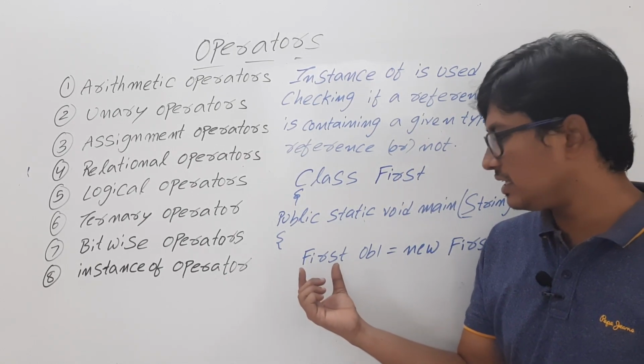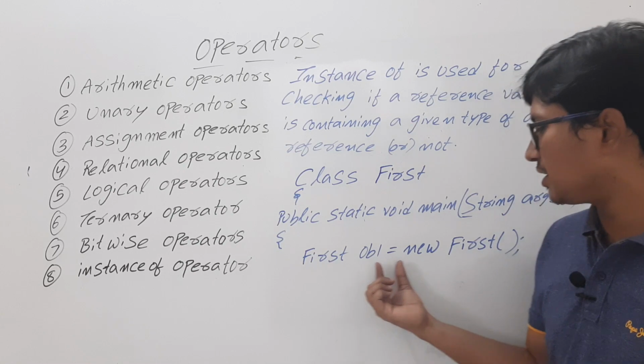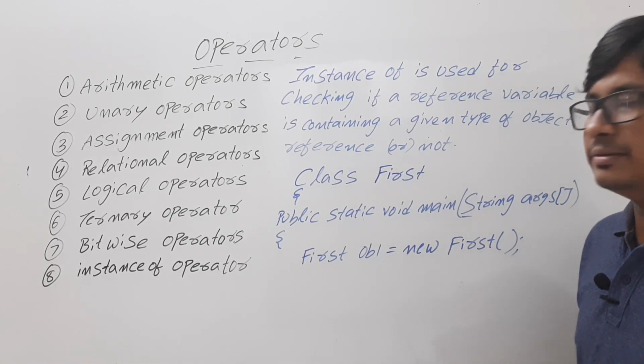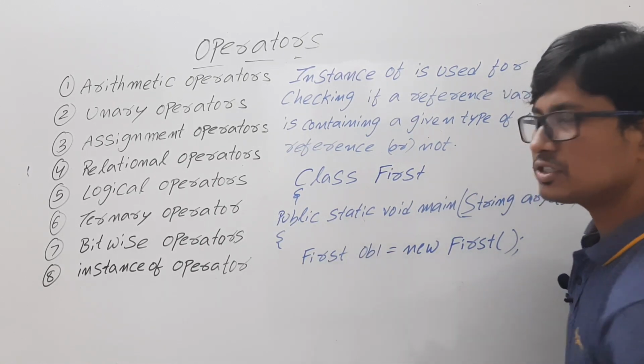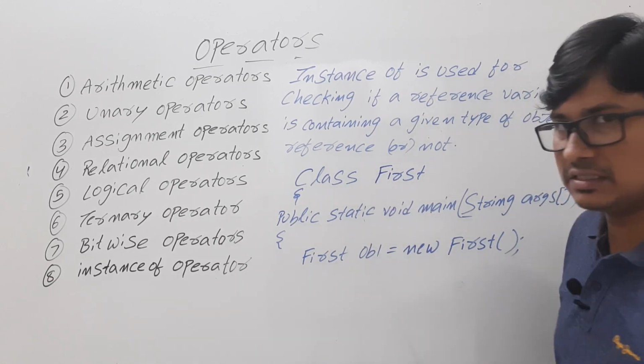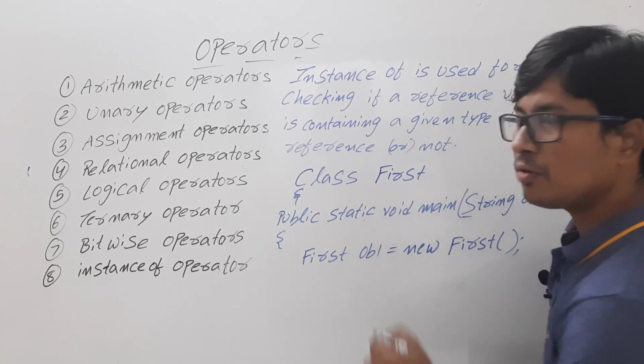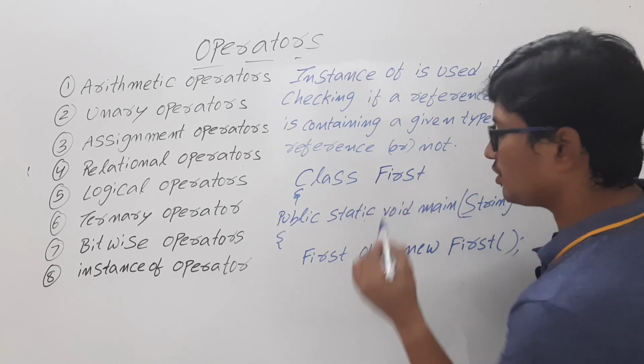So let me discuss again. This is class name, object name, new class name. Is it clear? So you have successfully created an object for the class. Now you want to verify whether this is an object for the class called first or not.